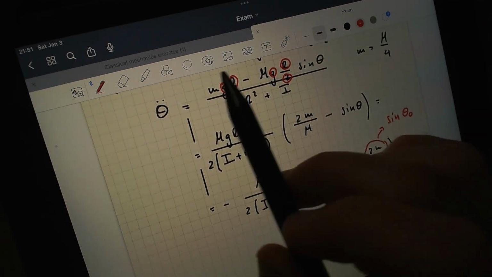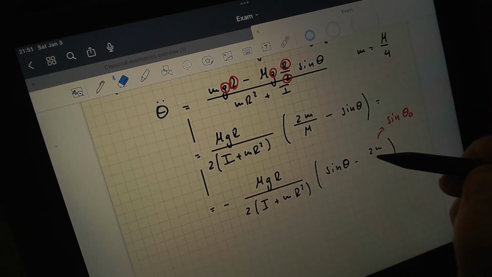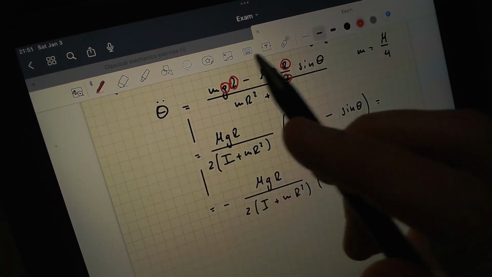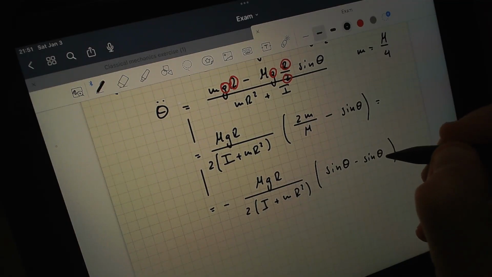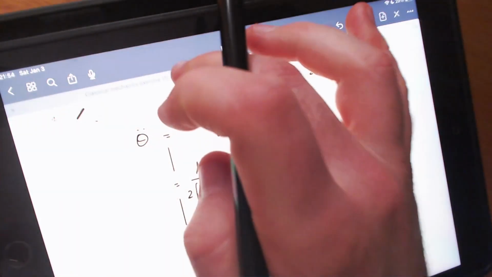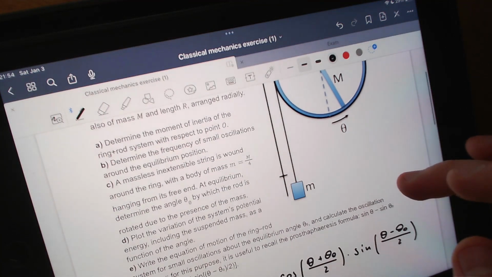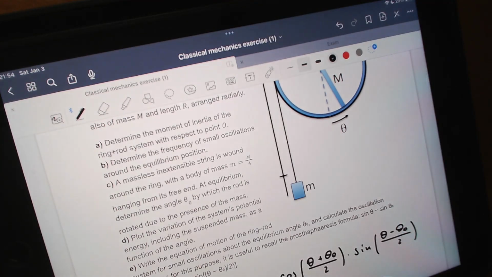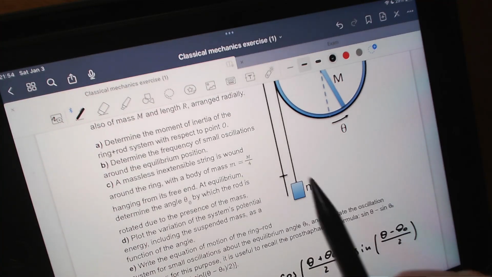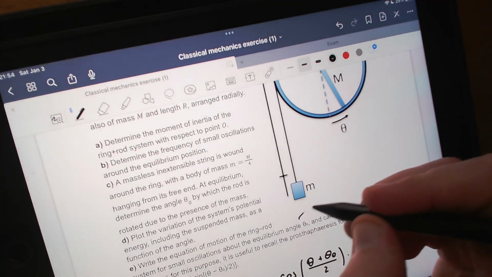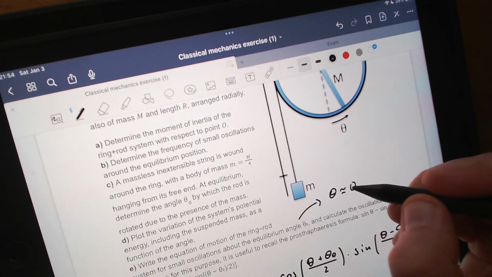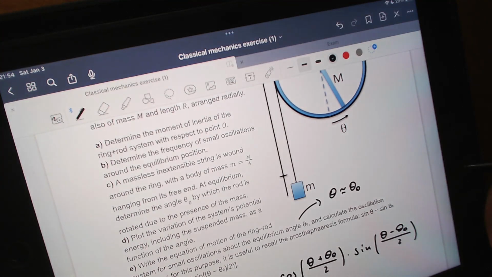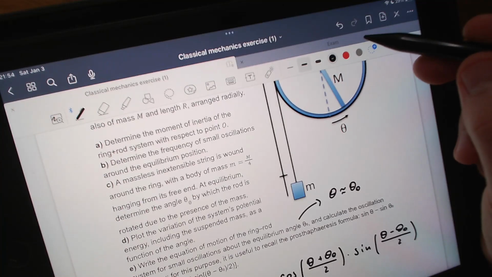So this means that here we can write a difference between two sines, so sine of theta minus sine of theta 0. Now the text says that we have to consider small oscillations about the equilibrium angle theta 0. So this basically means that the angle theta is close to theta 0.